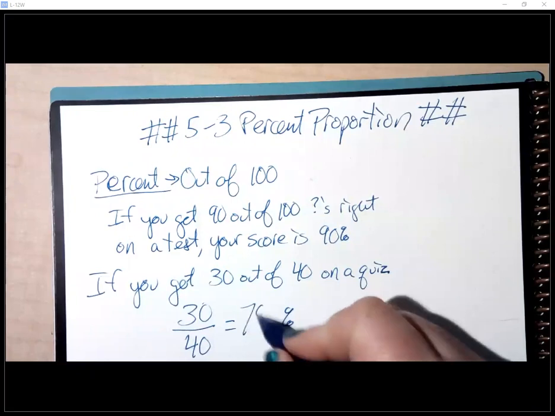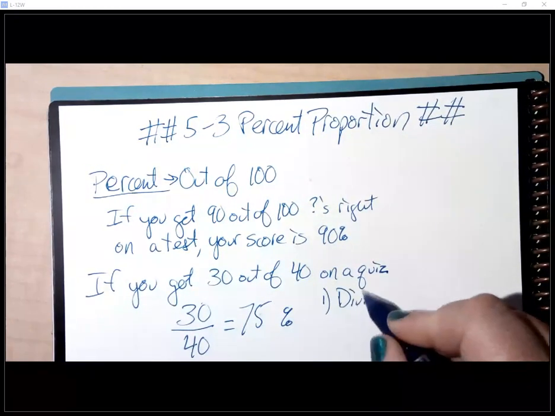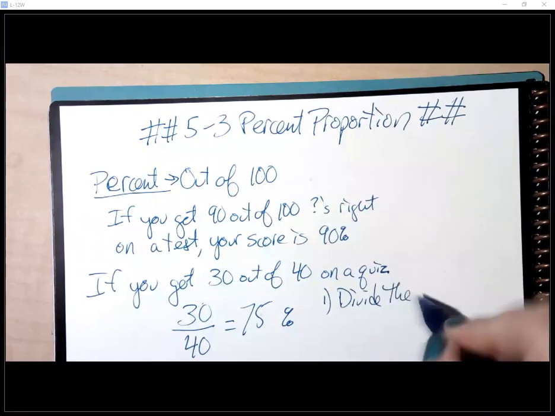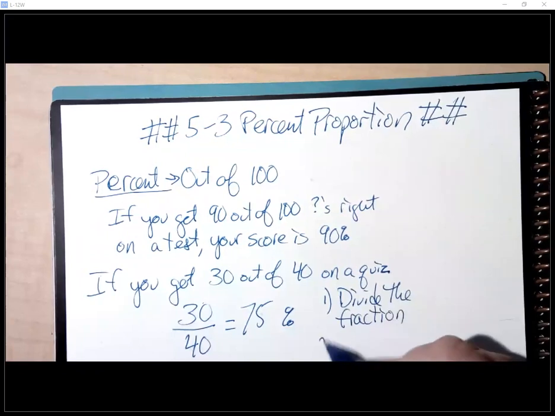So you are going to divide the fraction, and then you multiply by 100, which is the same thing as moving the decimal 2 places.